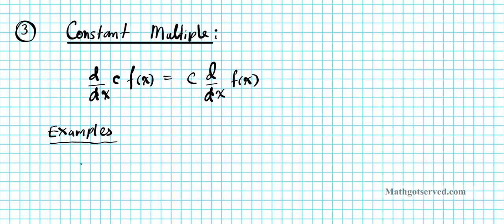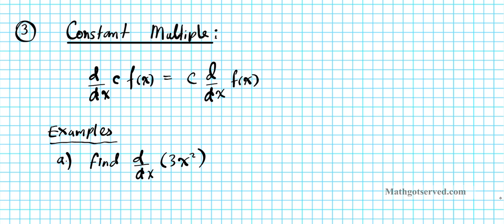Okay, example 3, part A. How about finding d/dx of 3x squared? Uh-oh, this looks a little bit different from what we've been doing. Here we have a power function being multiplied by a constant.